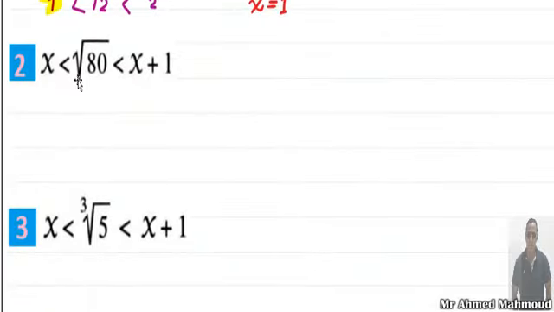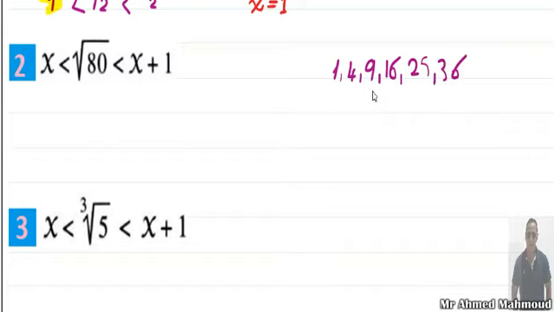Here we have square root, so I'm going to search in the perfect squares. The perfect squares: 1, 4, 9, 16, 25, 36, 49, 64, and 81. Don't forget, this is 1 power 2, 2 power 2, 3 power 2, 4 power 2, and so on. Here we have root 80 included between 64 and 81.